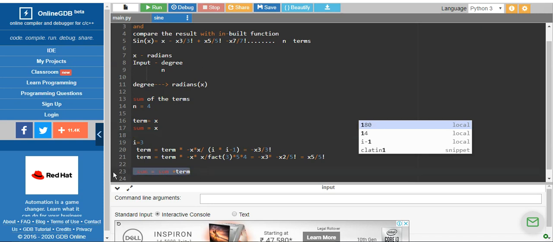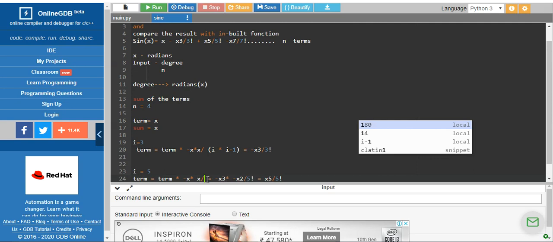Now when I increment the value of i with plus 2, i value will become 5. So what is the term value? i value is 5, and the term value would be term is equal to, here I will take the same set of statements. So the term value would be changed to term into minus x square divided by, so instead of factorial I will delete this so that there is no confusion.